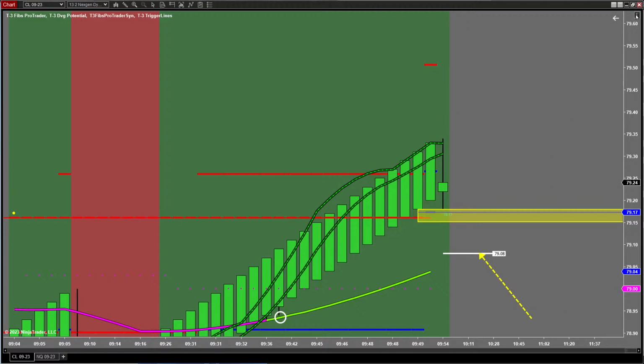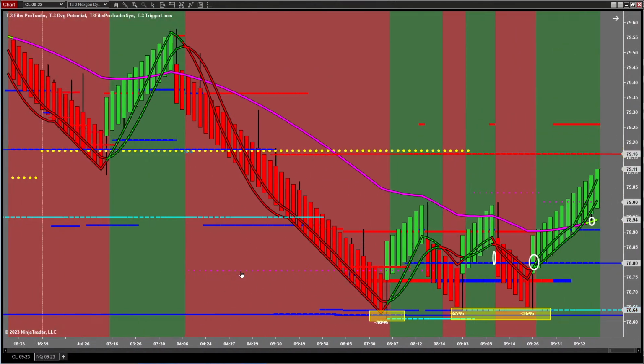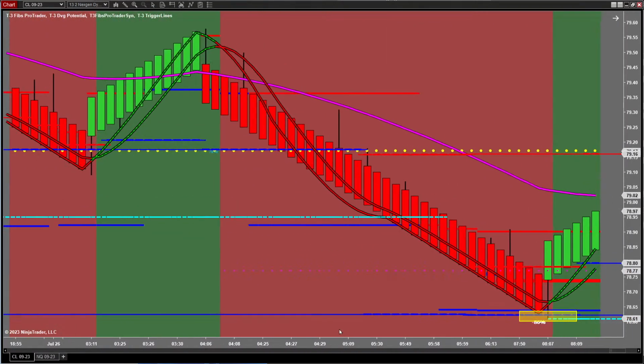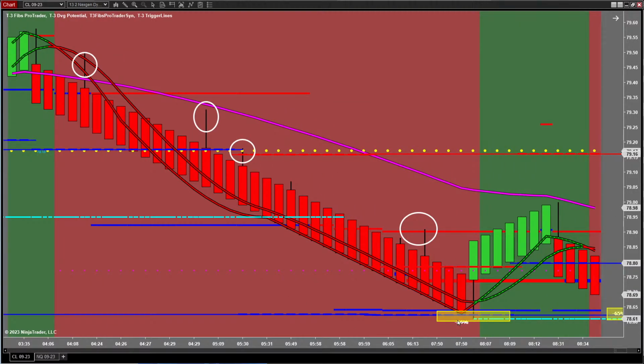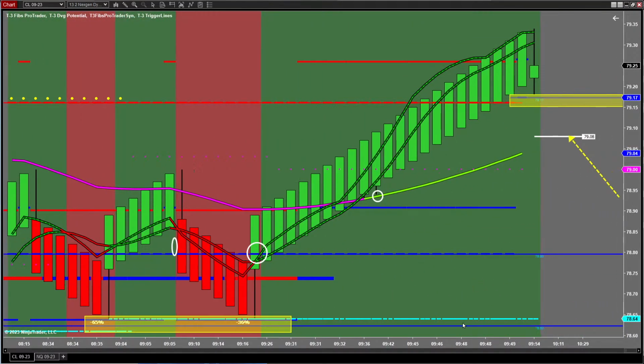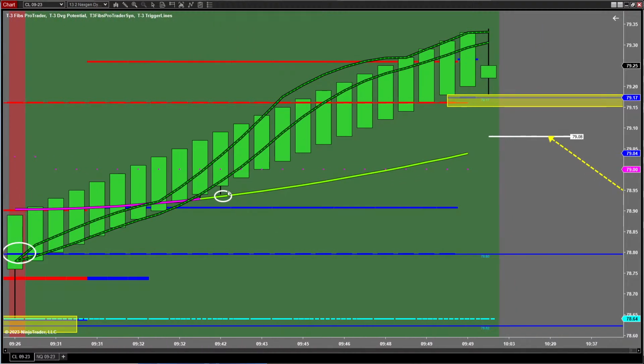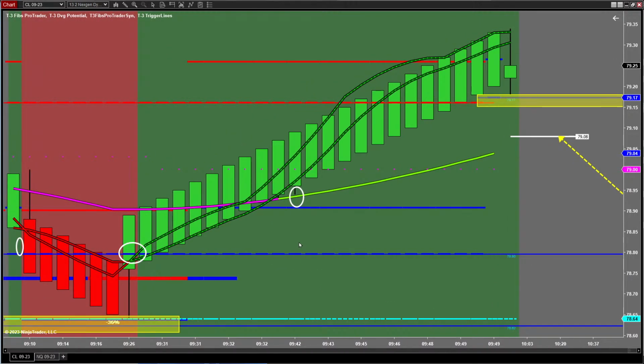So in essence, the moral to the story is, when the bars are going down, we want to sell pullbacks in the bar until we hit some type of Fibonacci support that says it's time to stop. And then ultimately, when the triggers are going up strong, we want to buy pullbacks against the thought of not making a down bar.